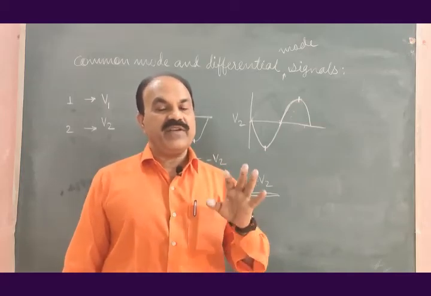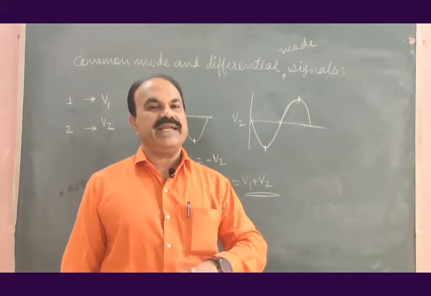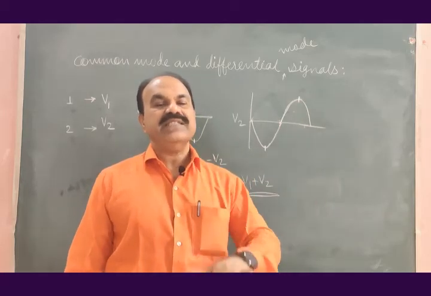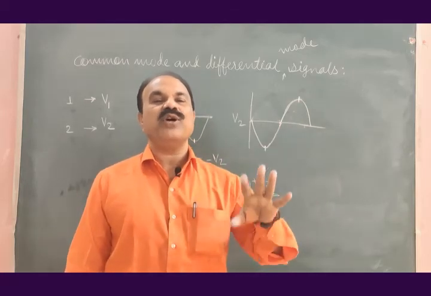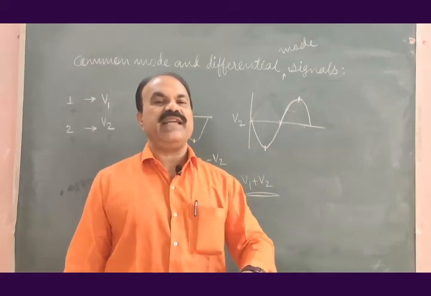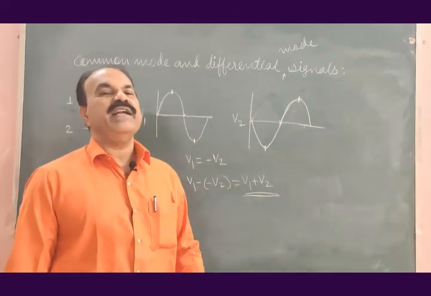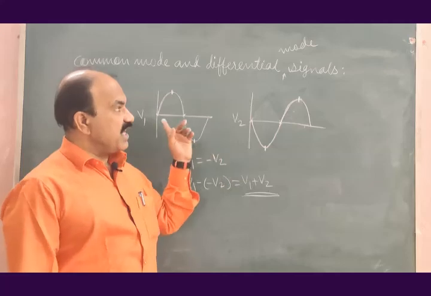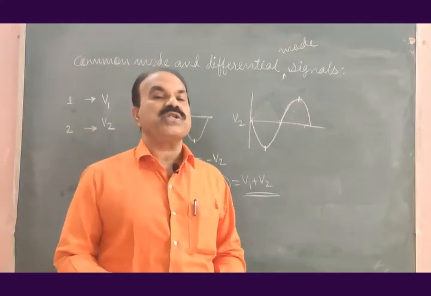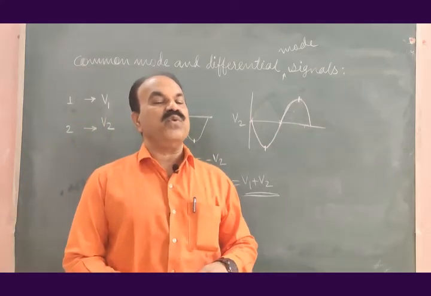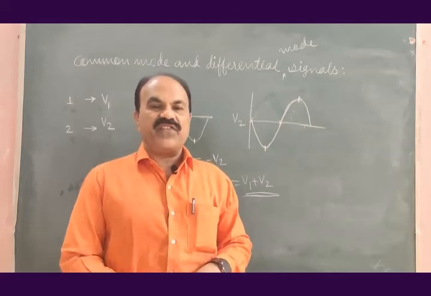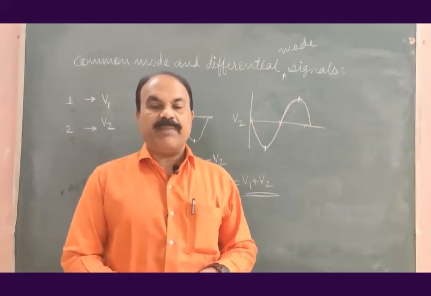Whereas if differential mode signals are applied, a finite desired amount of voltage will be produced at the output of the differential amplifier. So these are the two modes of application of input voltages to the differential amplifier.